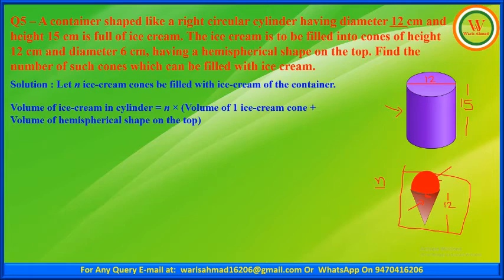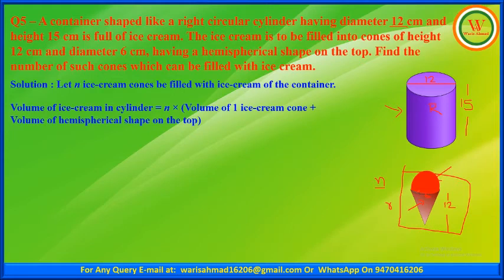After that we can write the formula of volume of ice cream in the cylinder, that will be equals to pi capital R square into H. Here the radius of this container I have taken capital R while the radius of this cone and this hemispherical I have taken small r. Hemisphere and the cone both will have the same radius because the base of both are equal.